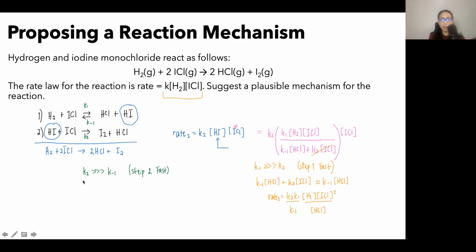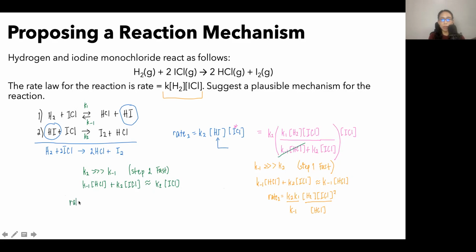So in this case, in our denominator, we can eliminate the first term. So this is approximately equal to k2 times ICl. So this is what gets eliminated instead of the second term. So how will our rate law look?